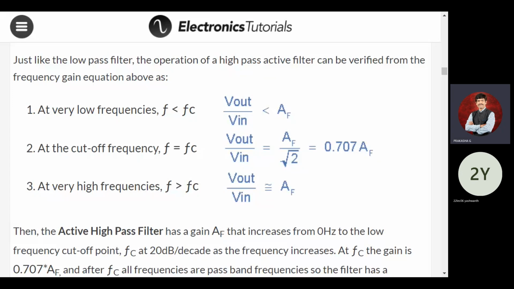We know the first order, so write the first order circuit diagram. This is the first one. We will be having two capacitors and one resistor which is grounded.